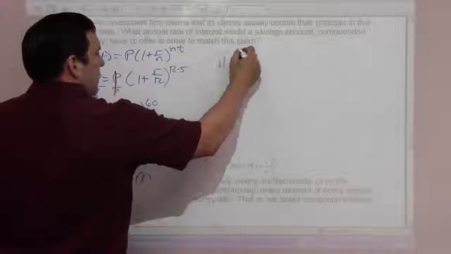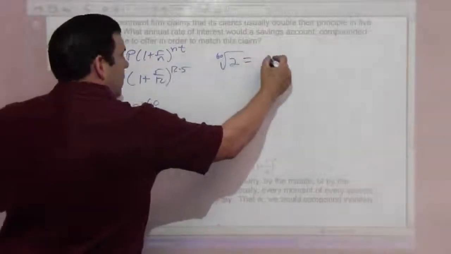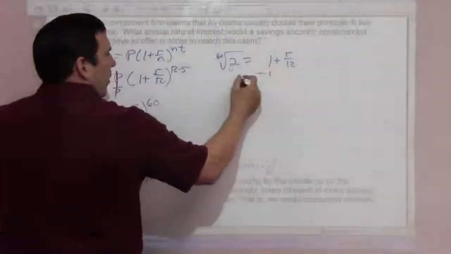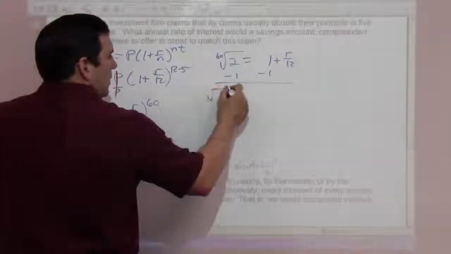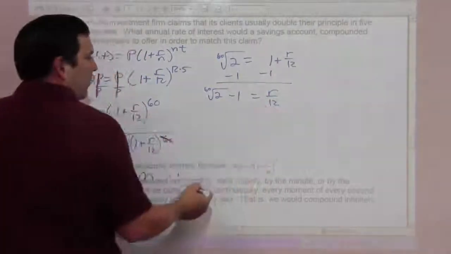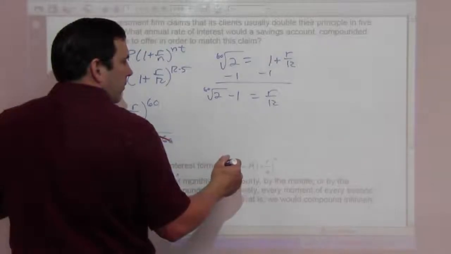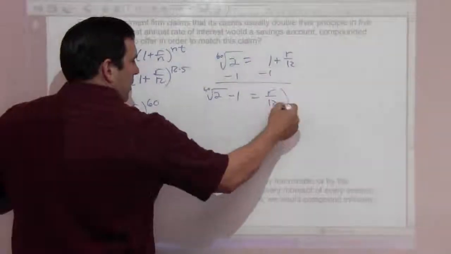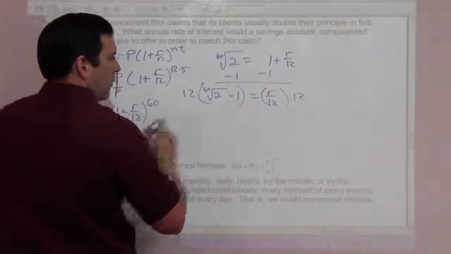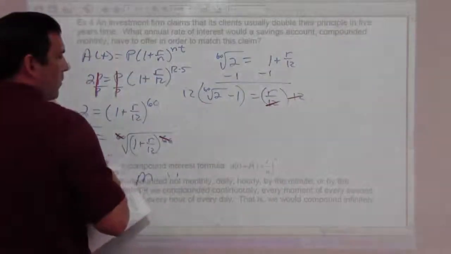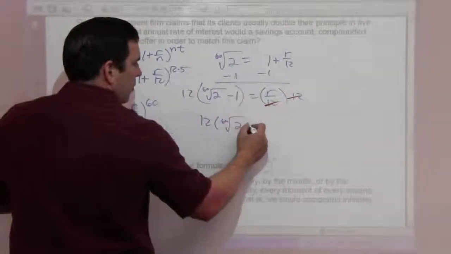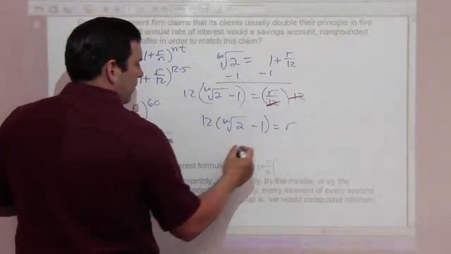So we have the 60th root of 2 equals 1 plus r over 12. I'll subtract 1 from both sides. The 60th root of 2 minus 1 equals r over 12. We solve for r. Multiply both sides by 12. And 12 times the 60th root of 2 minus 1 equals r.